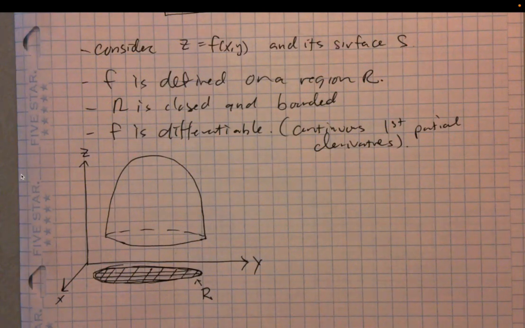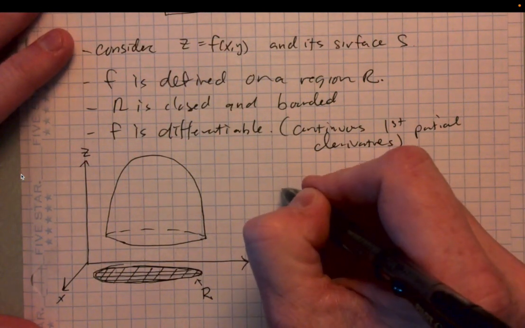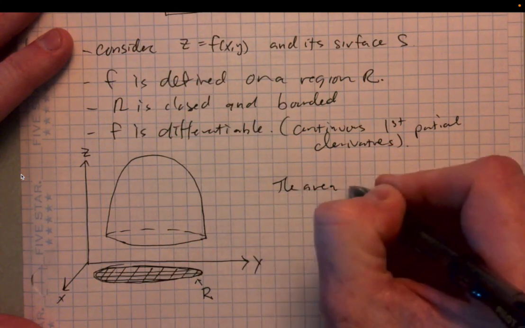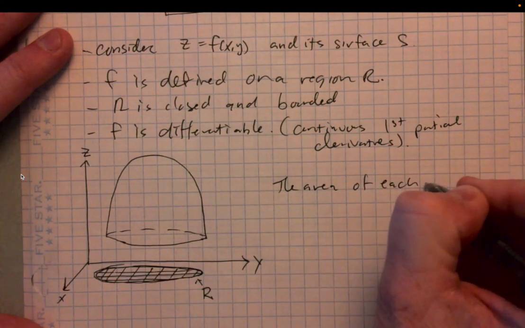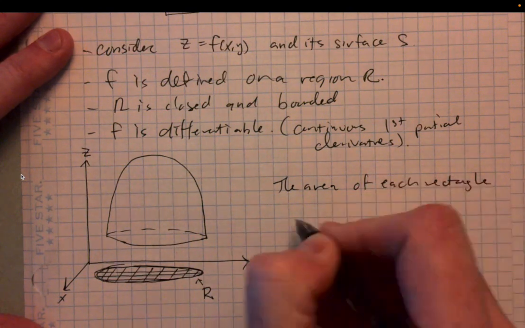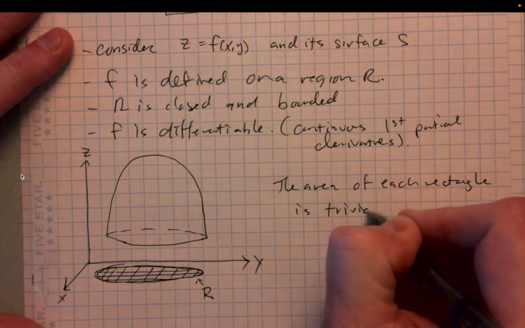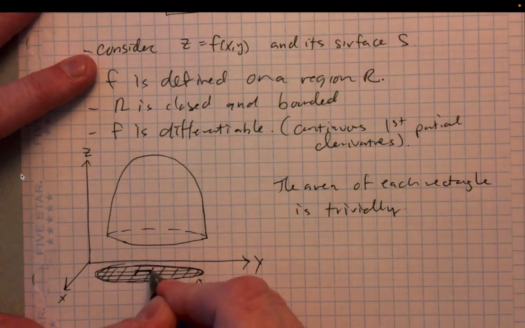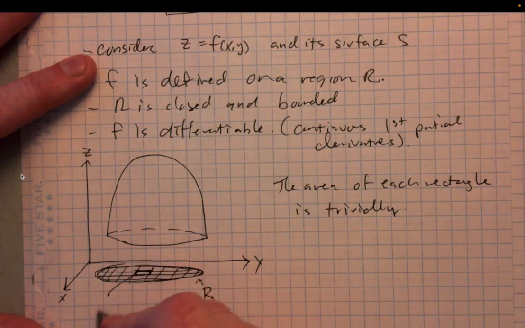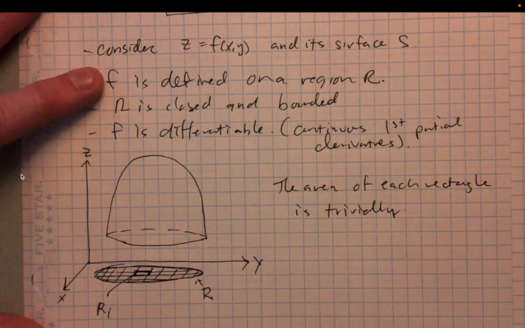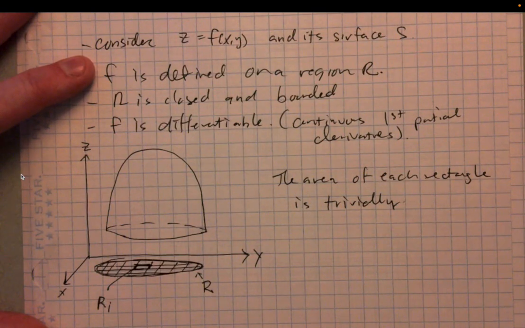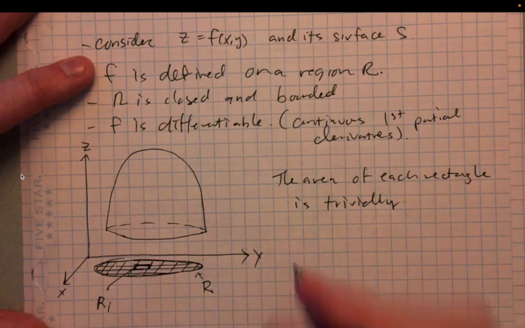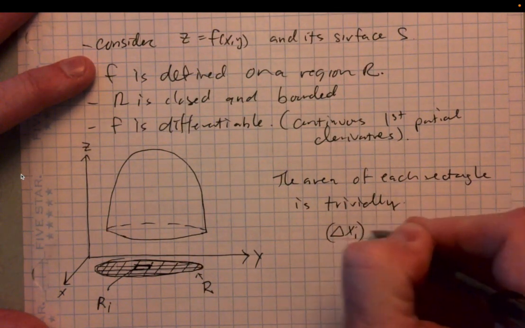Now the area of each rectangle is trivial. If you have some subregion here, let's call it R_i, then the area of each rectangle is trivially going to be delta x_i delta y_i.